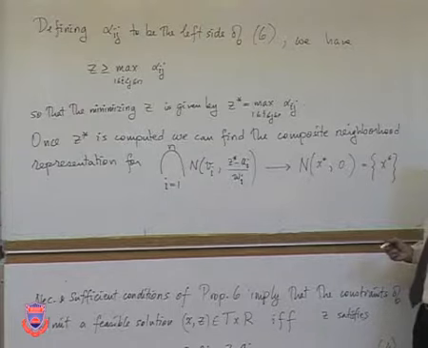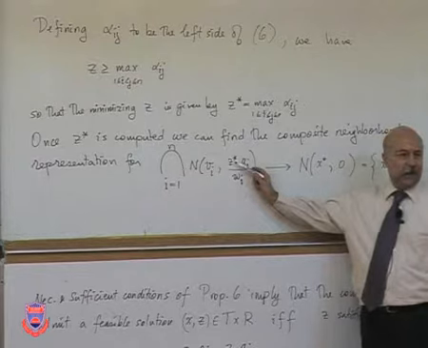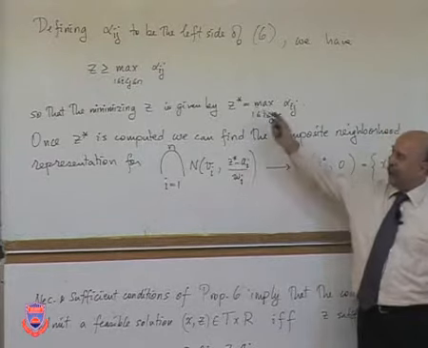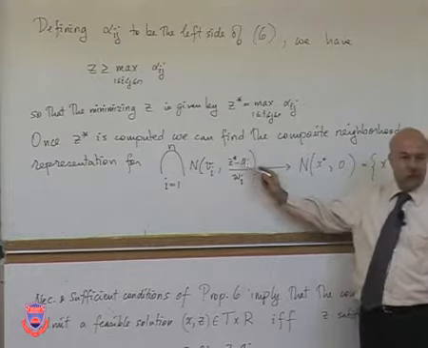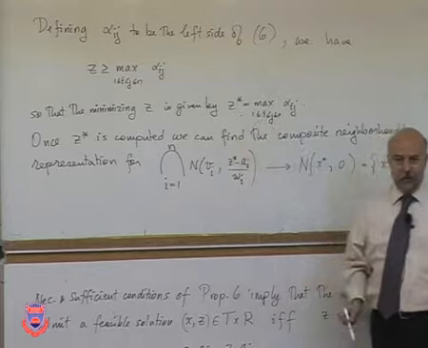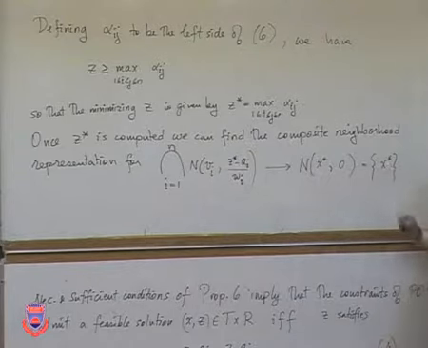And of course, that would imply that the z star you computed is not actually the minimum. There's something better than that. But of course, by construction, there's nothing better than that, because if you go below that, you will actually violate at least one constraint. Okay, so this should be the solution.